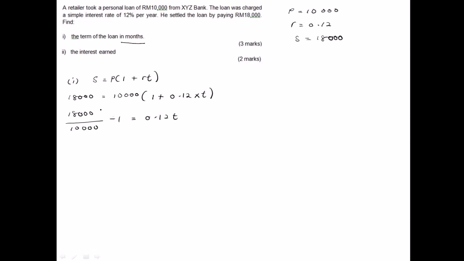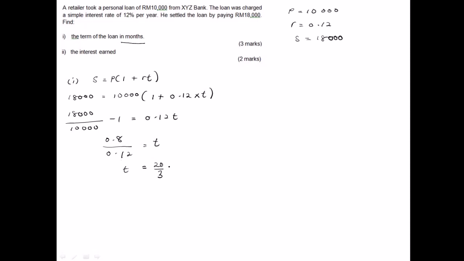18,000 divided by 10,000 minus 1, 0.8. Okay, we get here 0.8, divide by 0.12, and we get T equal, okay, I put the answer in fraction to make it more accurate, and I get T equal 20/3.